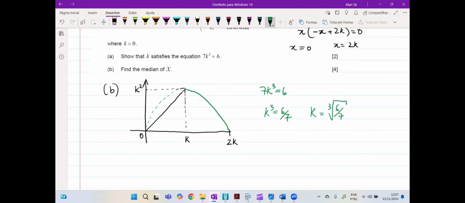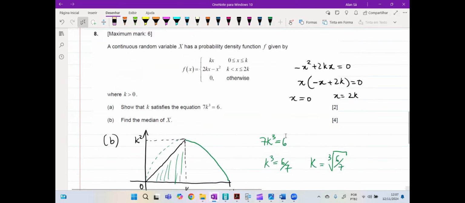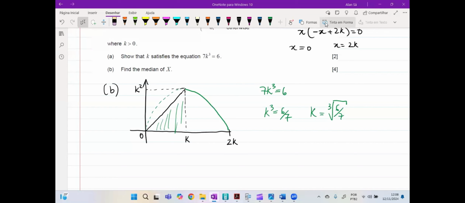We need to know the area of this region, by using an integral and substituting k for the cube root of 6 over 7. We want to find the integral from 0 to k of kx dx using this value of k.